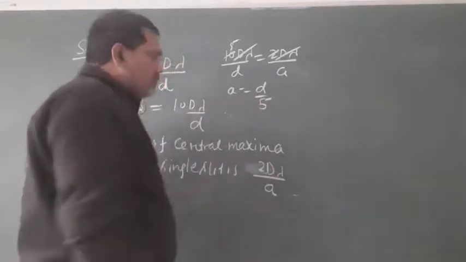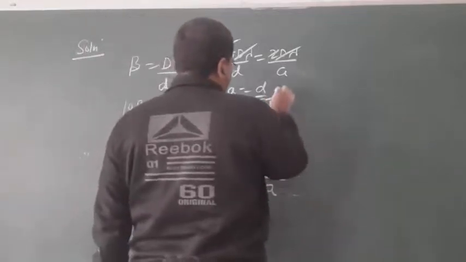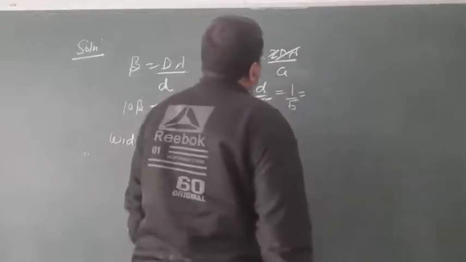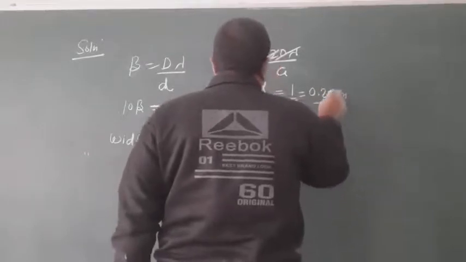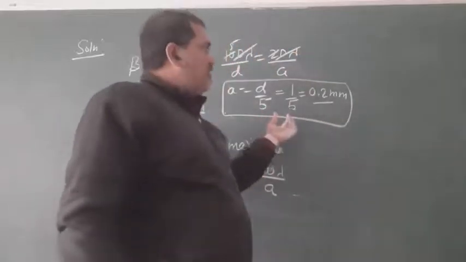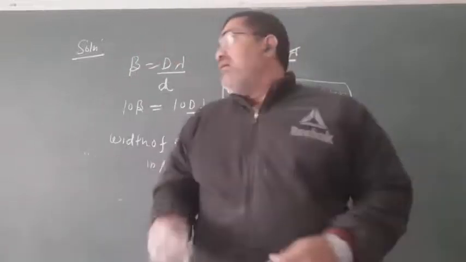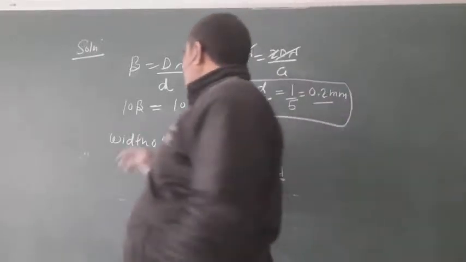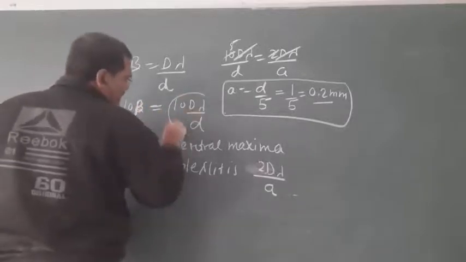Okay. So d is given as 1 millimeter. So 1 by 5, that is 0.2 millimeter. So when the aperture of the single slit is 0.2 millimeter in the diffraction pattern, then the width in YDSE will be 10 D lambda by d.